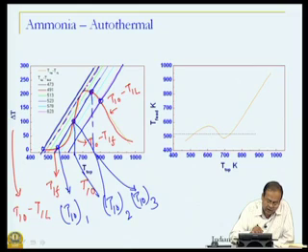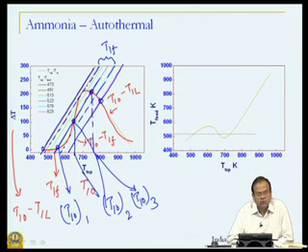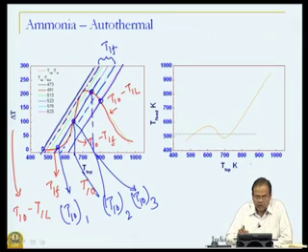This line is tangent to this curve at upper point and at lower points. So, all the T1f values between this range, we have possibility of 3 steady states, and this is what is shown here on the second figure.